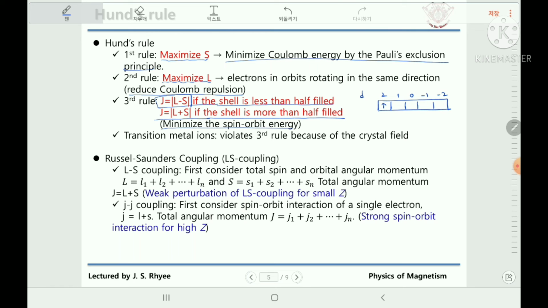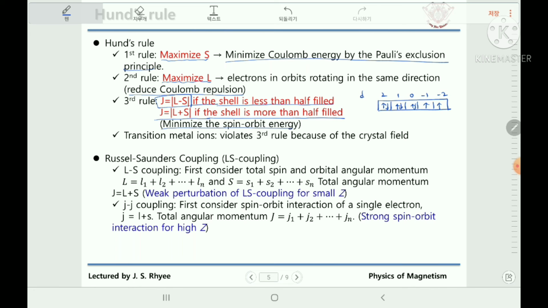What do half filled and more than half filled mean? For example, there are 5 orbitals, and 3 or 4 electrons is less than half filled, and that is the half-filled case. More than half filled means there are 6, 7 or more electrons, and the other electrons should have this direction.